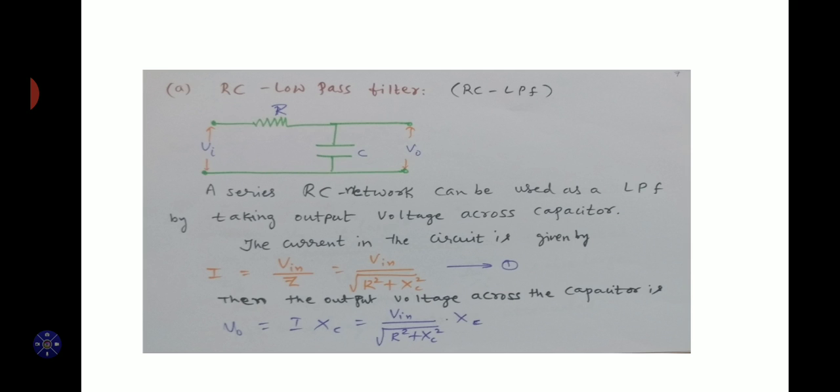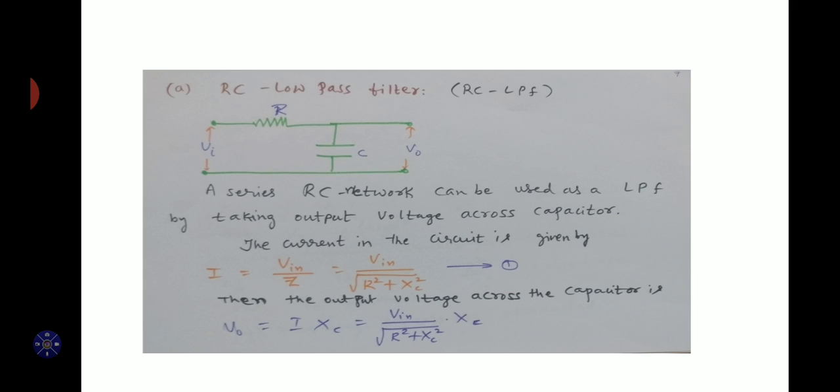At low frequencies, the capacitive reactance XC will be very large compared to the resistance R. Hence, the capacitor acts as an open terminal. The output voltage measured is numerically equal to the input voltage.